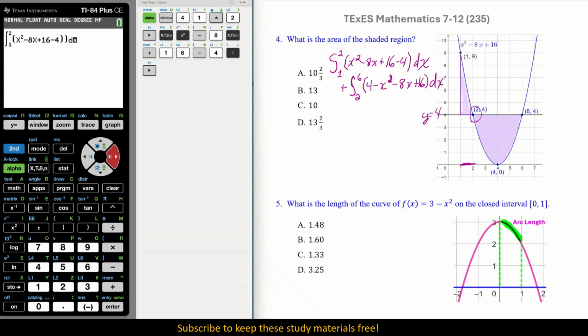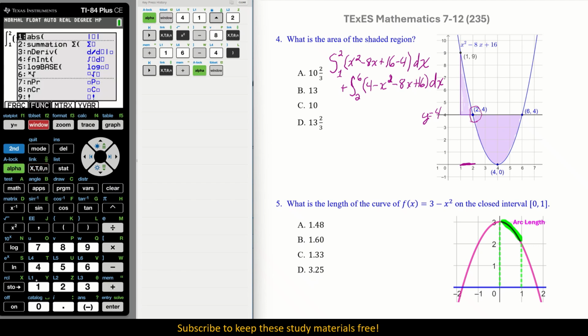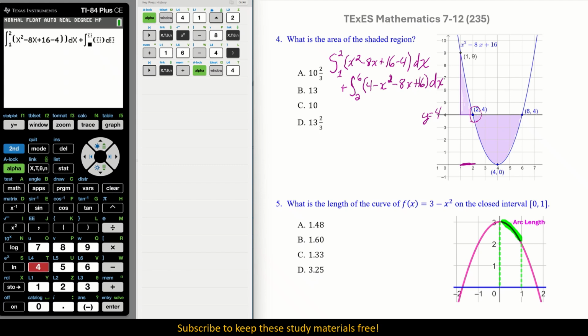Then I go ahead and put in my dx, and I'm adding, and then second window, number 4. Okay, now we're going from 2 to the 6, and then we take, and remember, you're reversing it or flipping it over. So we have 4 minus, oh, we need to put that in parentheses, okay? Then x squared.